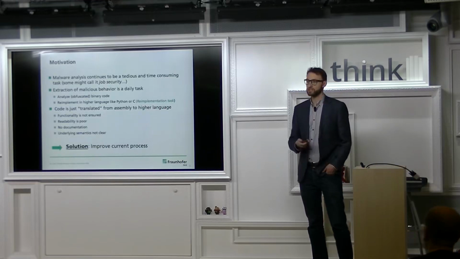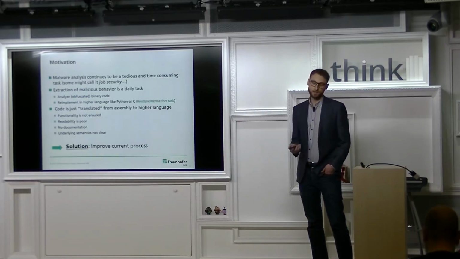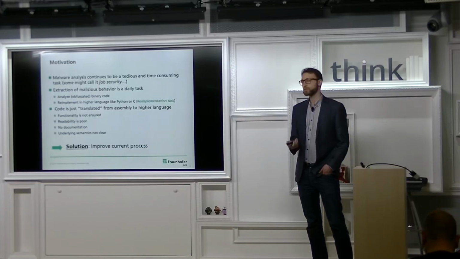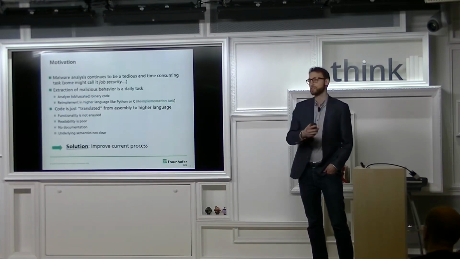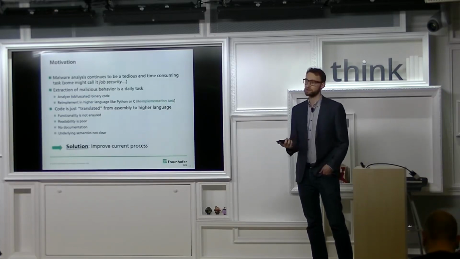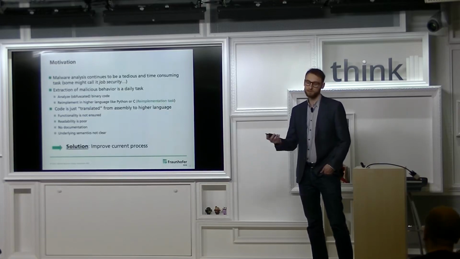You're just translating the code from assembly to Python, and the EAXs and EBXs are still floating around in the Python code. And also you don't actually ensure the functionality, so you don't know if it's really working for a lot of cases or just the strange corner case you picked, and the readability might be very poor.